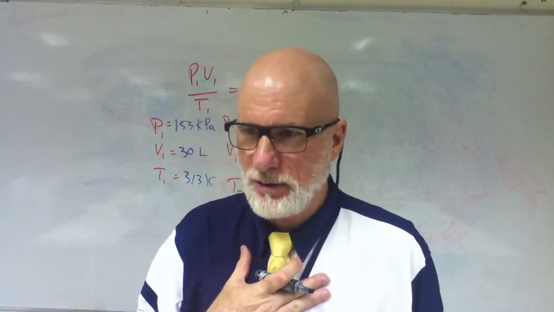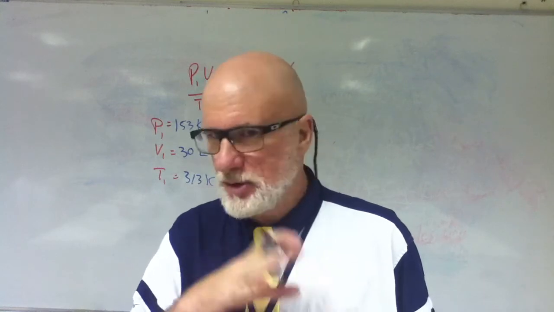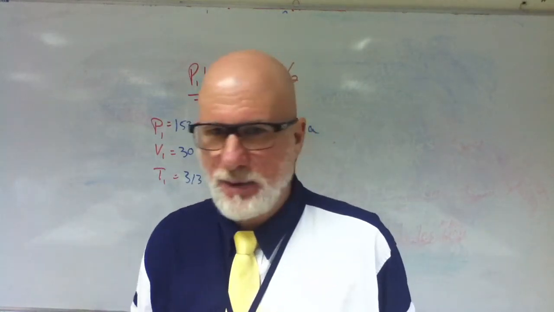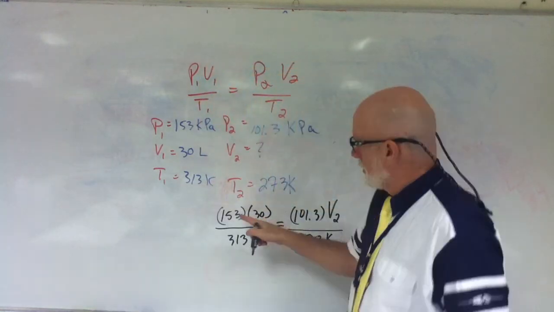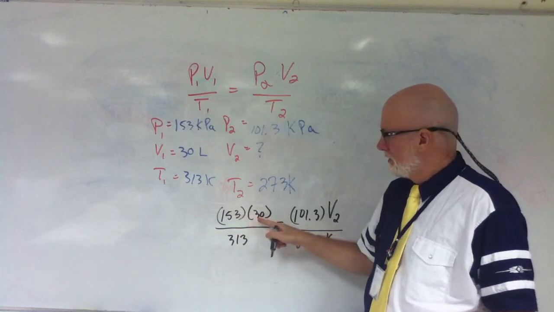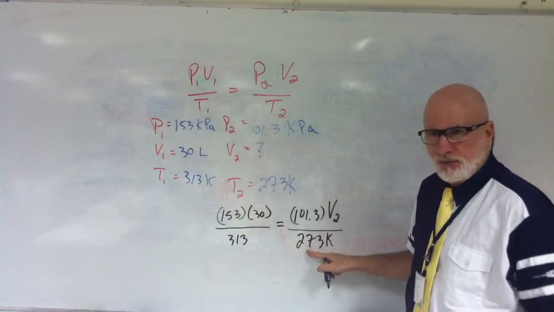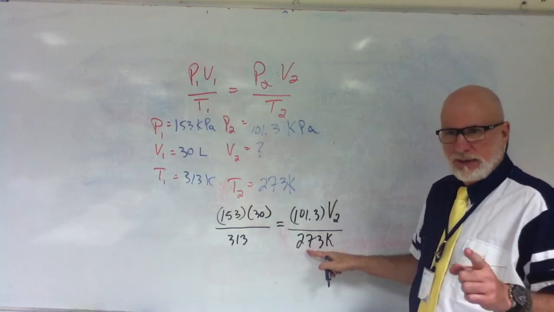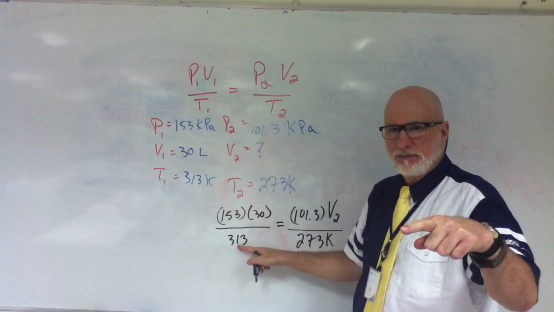So in your calculator, this is what I do. Want me to give you an easy way of doing it? I don't use parentheses. This is exactly what I do every time, and it's always right. 153 times 30 times 273. Hit divided by 313.